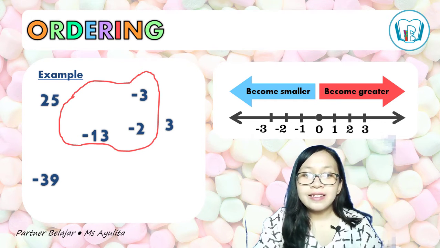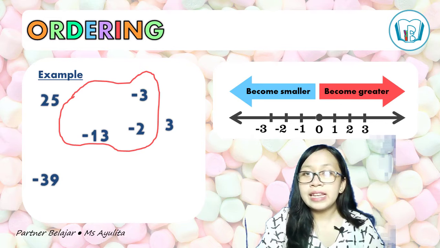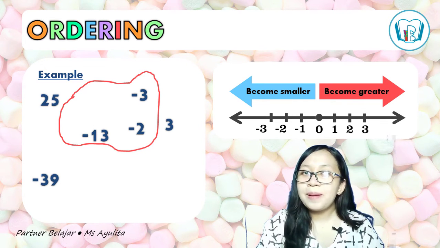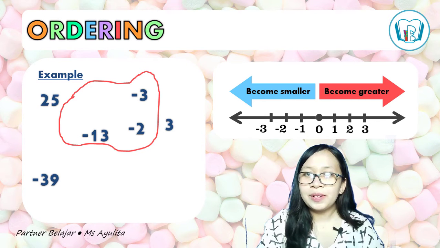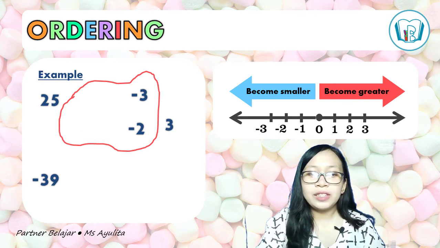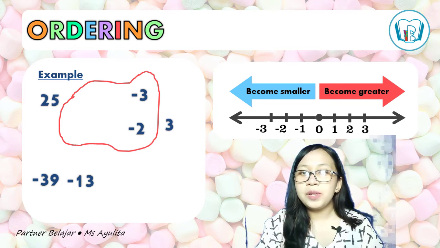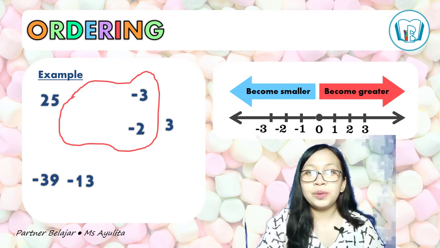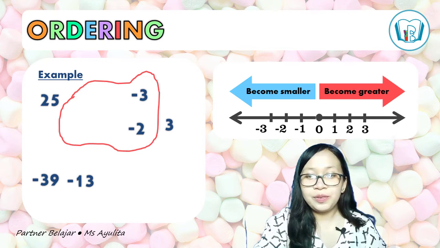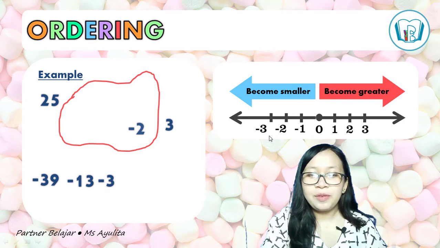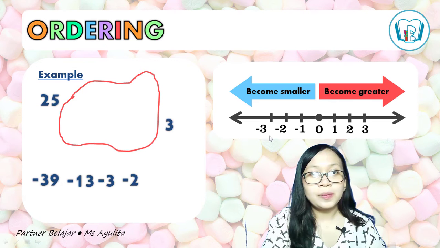And then, see, between negative 3, negative 2, and negative 13. Which is the most negative? Good job, negative 13. Yep, that's correct. And then, now compare between negative 3 and negative 2. Of course, negative 3 is more negative than negative 2, because negative 3 is on the left side. Good job.